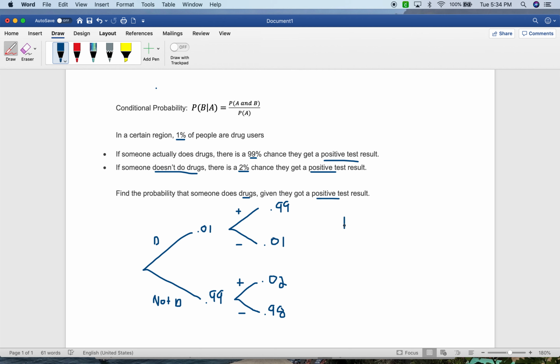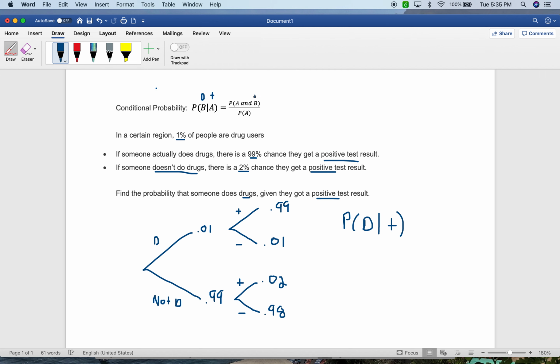So what we want is the probability that someone does drugs given, remember that line is given, they got a positive test result. So we're going to put this into this equation. So this B is now a D for drugs, and the A is now a positive. So we want to replace all of those in the equation.